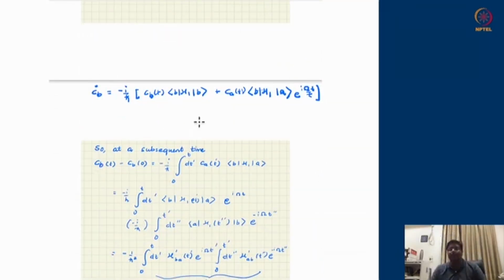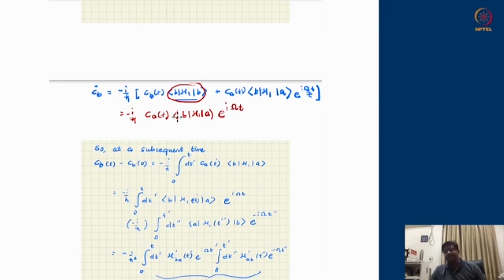Now we know that this diagonal matrix element is always 0. So therefore I will put this quantity to 0 value. This will go away. I will be only left with minus i upon h bar times Ca of t, and then this matrix element which is B H1 A and e to the power plus i omega t.